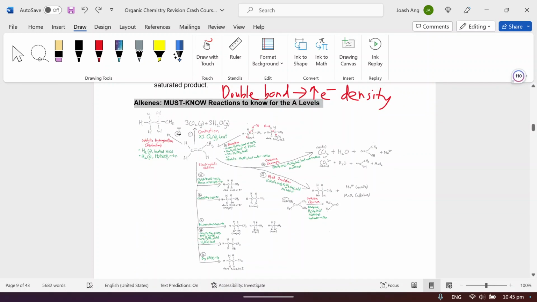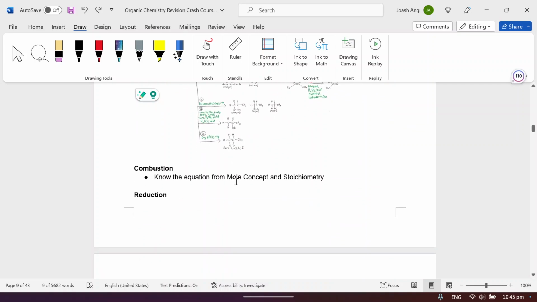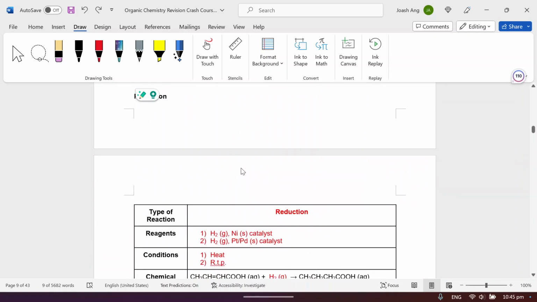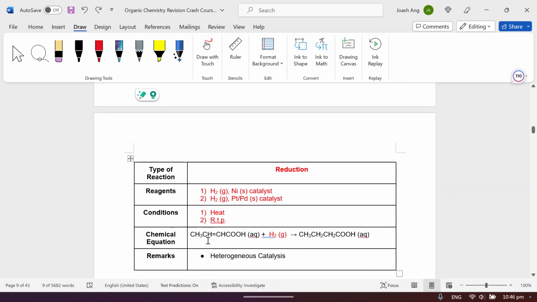Okay, so for the summary of reactions, you guys can take a look and remember the reagents and conditions by heart. But I will just go through them and help you guys understand and appreciate them a little bit better. So the first one is a reduction reaction.